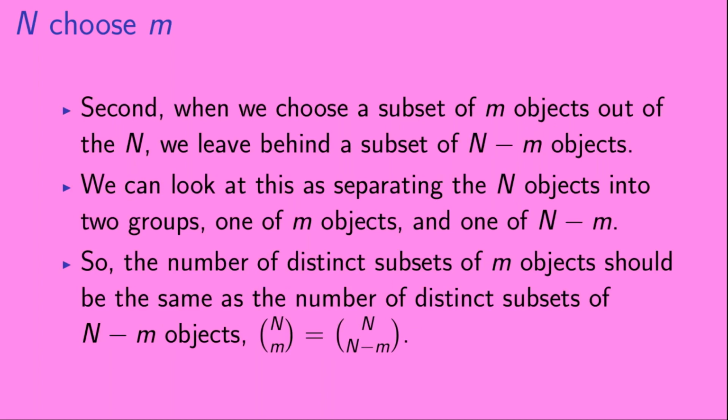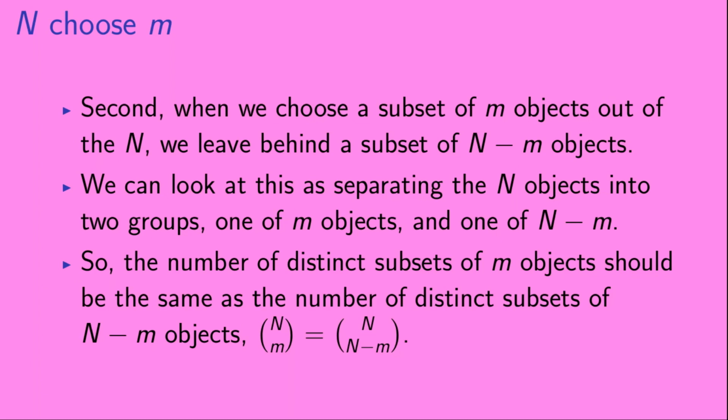Second, when we choose a subset of m objects out of the n, we leave behind a subset of n minus m objects. So we can look at this procedure as separating the n objects into two groups, one of m objects and one of n minus m objects. So the number of distinct subsets of m objects should be the same as the number of distinct subsets of n minus m objects.